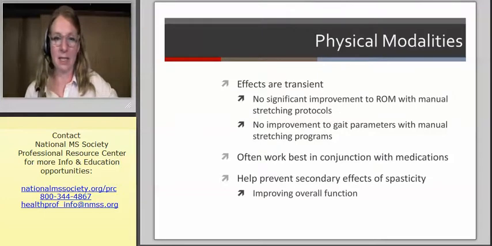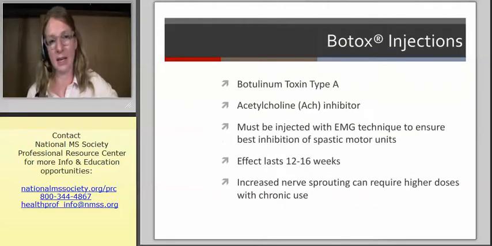So it really works best in conjunction with medications or some other intervention. But they can help prevent some of the secondary effects, mostly pain relief, and for short periods of time they can help patients get up and go.